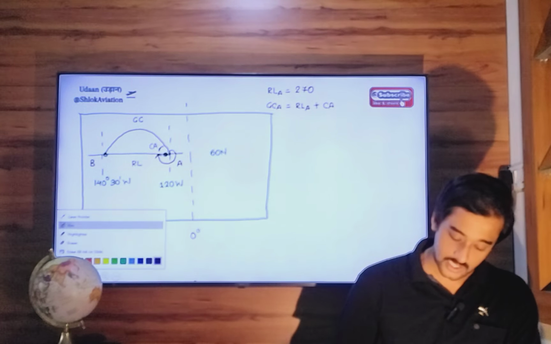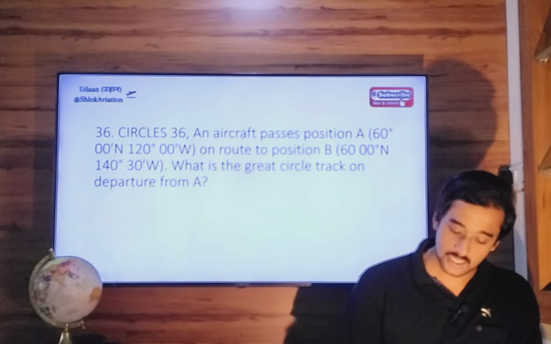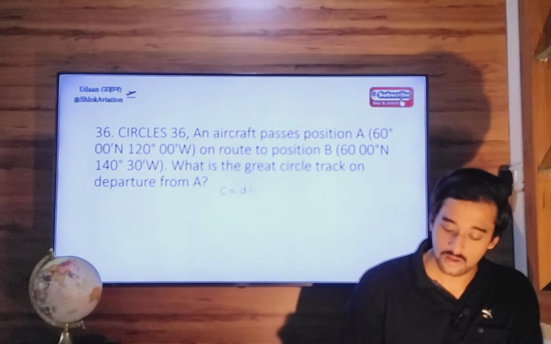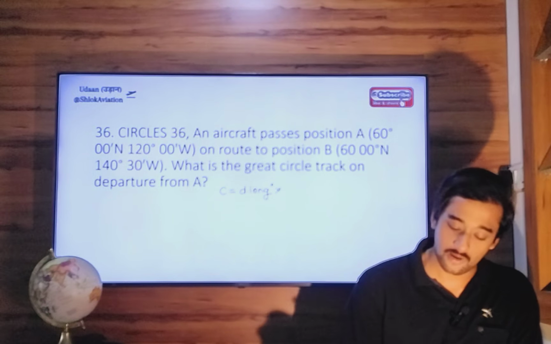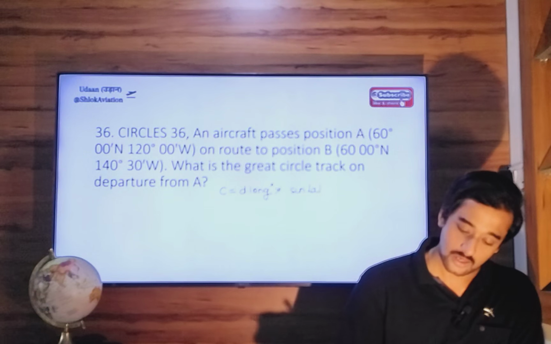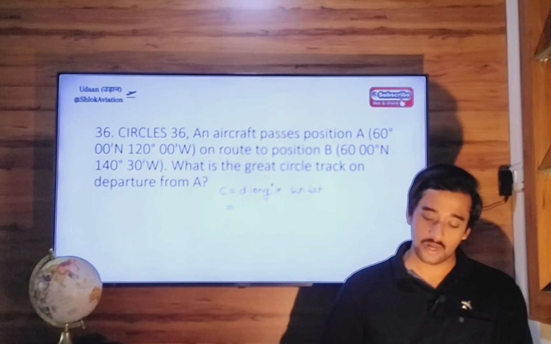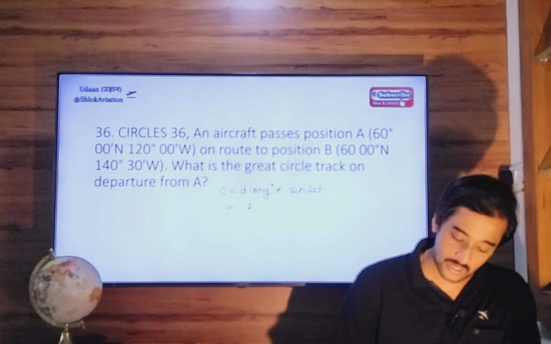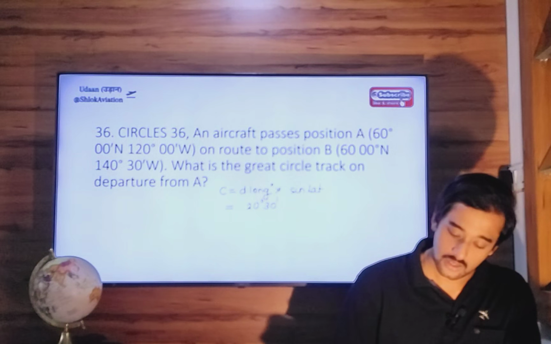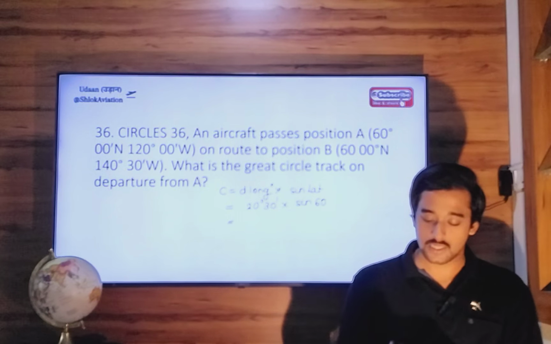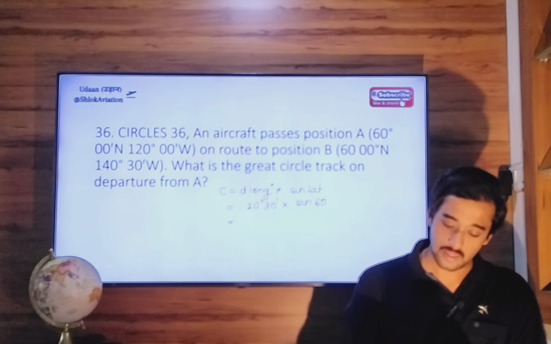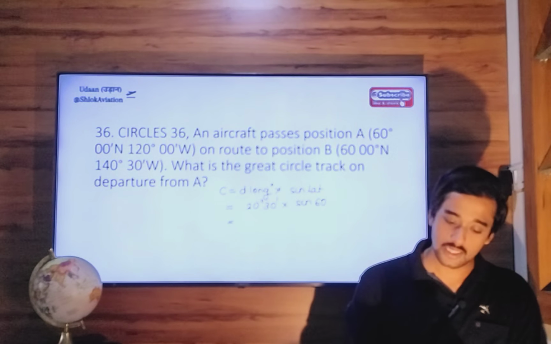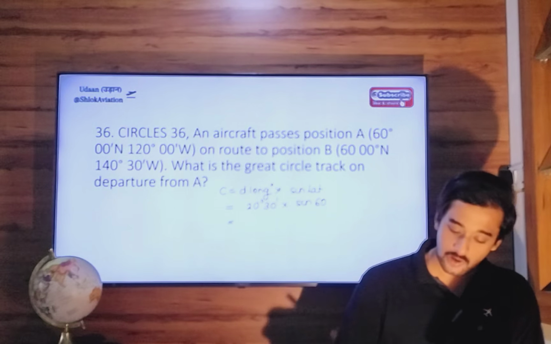So what is convergency? Convergency is change of longitude into sine of latitude. So the longitudes are 120 west and 140 degrees 30 minutes west. The difference is 20 degrees 30 minutes into sine of 60. So sine 60 into 20 degrees 30 minutes is 17 degrees 45 minutes.